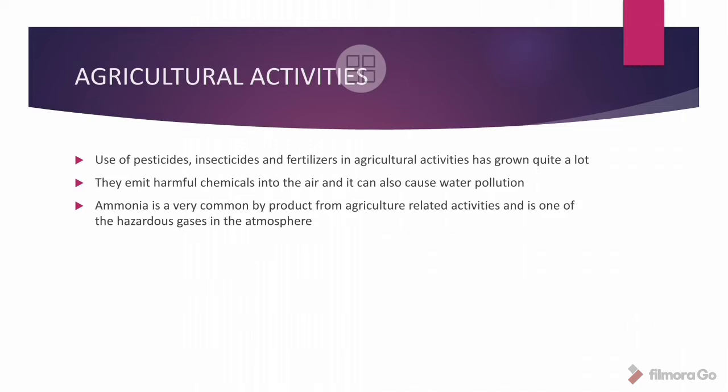While ang harmful effect naman nito sa tao is, if ever na malanghap ito ng tao, is may probability na magkakasakit ang tao due to the hazardous gases na nalalanghap din ng tao na nare-release mula sa pag-spray ng pesticides at insecticides.